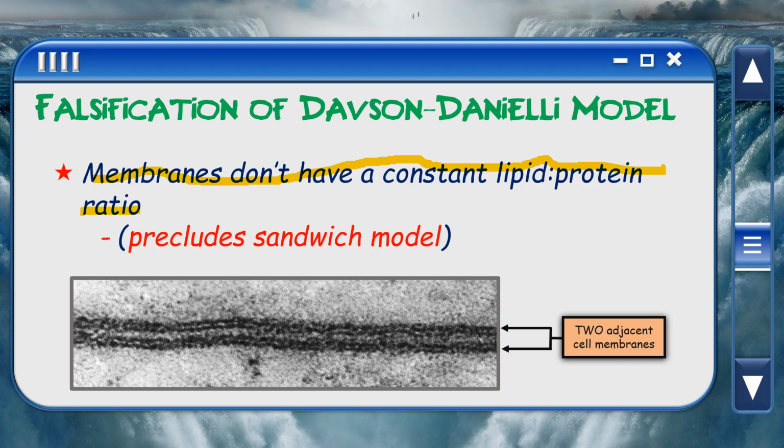This precludes the sandwich model. So that was a falsification of Davson and Danielli's model, where they say that the membrane does not have a constant lipid-protein ratio, so it prevents their sandwich model.